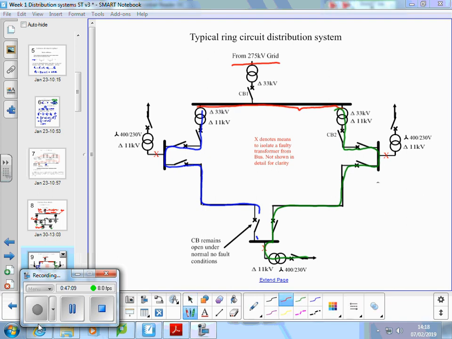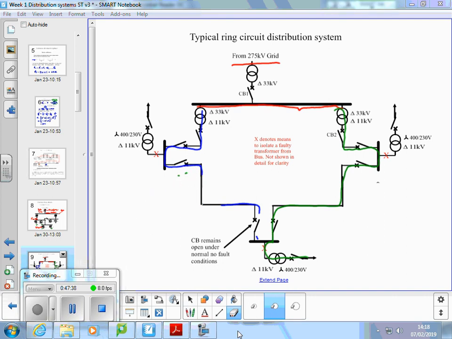If we get a fault on a cable here, for instance, what we do is open this to isolate that cable. Sorry, I want to put my fault over the other side. Fault there. So that circuit breaker trips, and Fibronile, or whoever that customer is, loses supply.